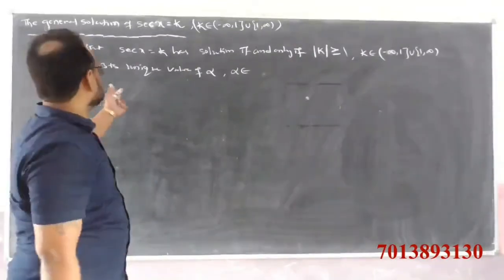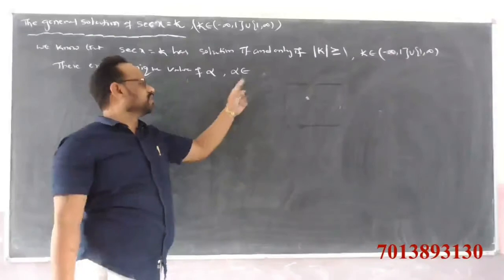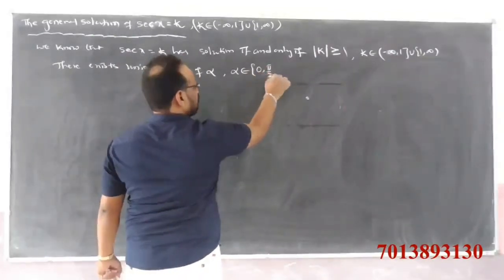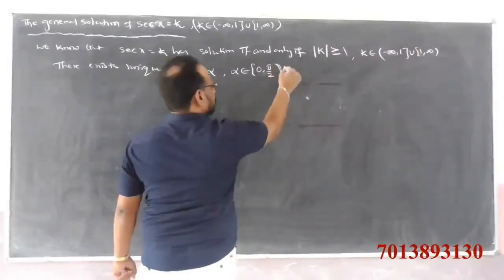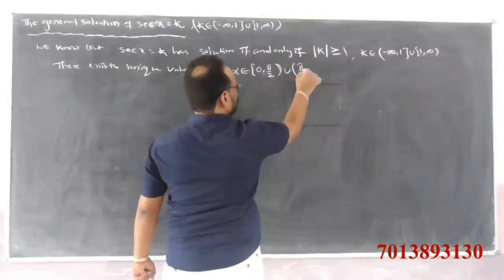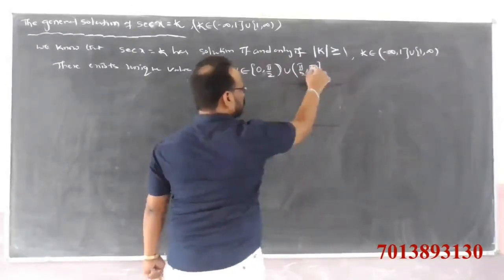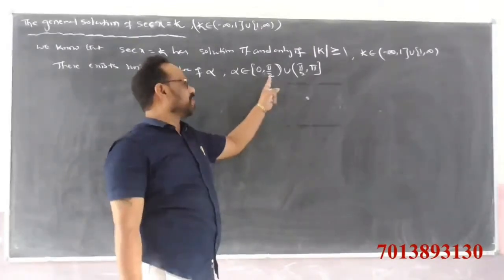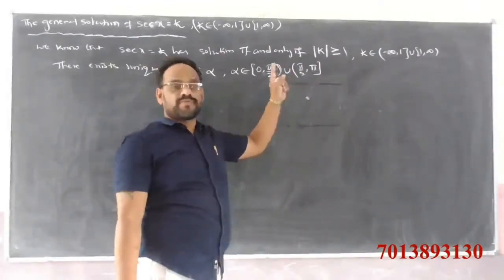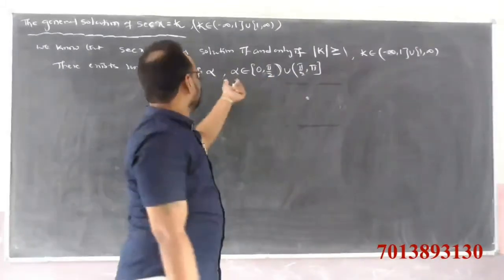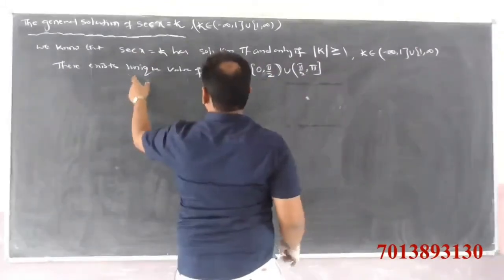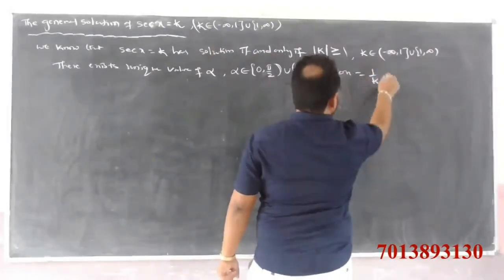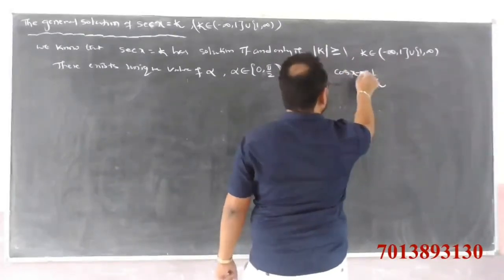That is, there exists a unique value of alpha belonging to the closed interval 0 to pi by 2 union pi by 2 to pi, such that cos x equals 1 by k.